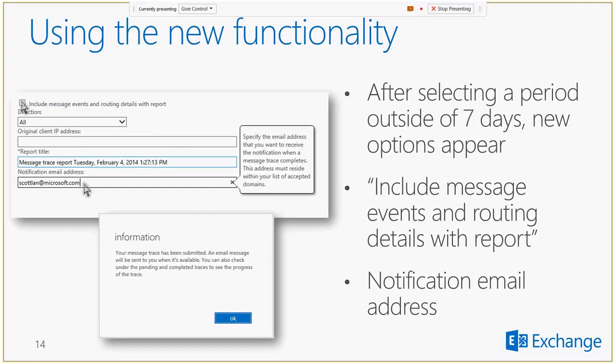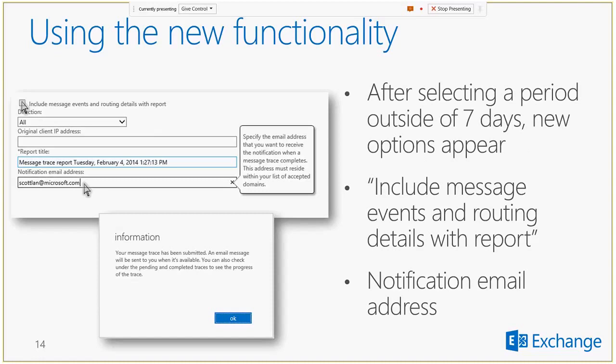When you specify a date outside of 7 days, you get a little drop down beneath the UI that has the following details. It allows you to select include additional message events and routing details with the report.